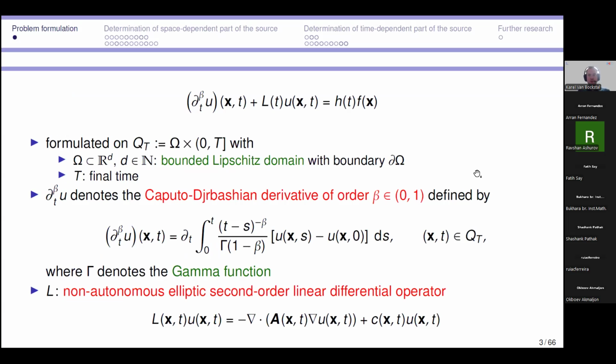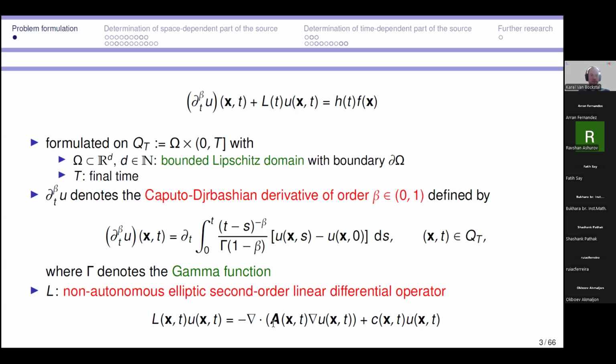So the problem I consider today is on the top of this slide. D^β_t u is a Caputo fractional derivative of order β between 0 and 1, which is defined here. And the operator L(t) is a non-autonomous operator of second order. So it has this form.